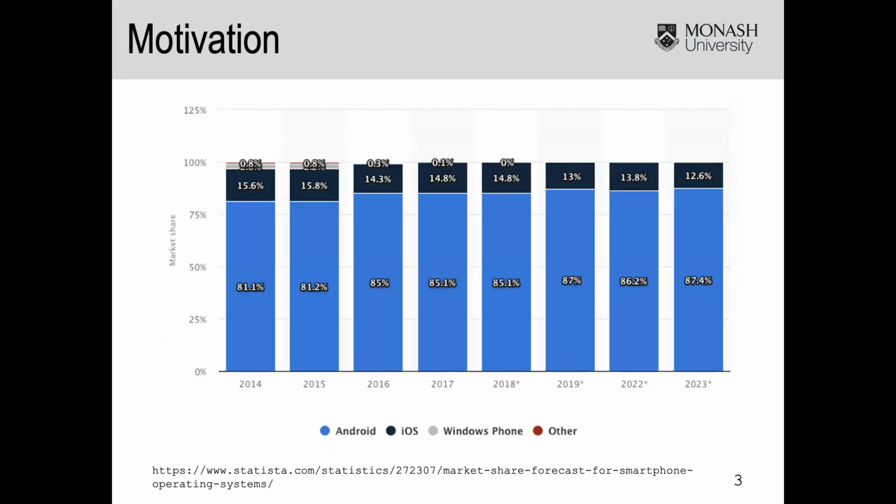And this huge mobile ecosystem is mainly contributed by Android, as you can see in this figure. Android constantly occupies over 80% of market shares, being no doubt the most popular mobile platform nowadays.